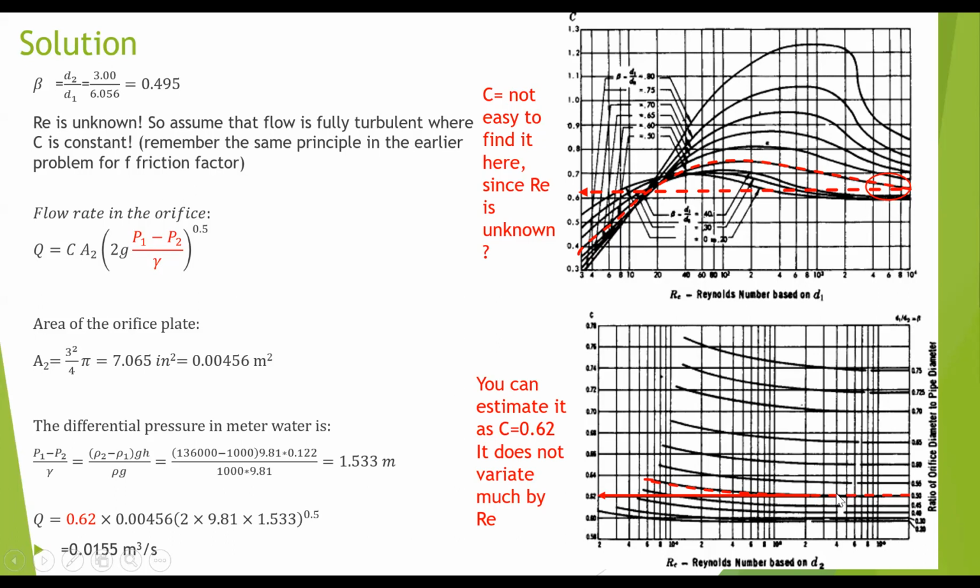Quite a linear part. And if you go left, see that it is almost at the level of 0.62. So I can confirm that 0.62 is between 0.6 and 0.65. So I am selecting 0.62 as the C value. And when you put this C value here, okay, because our pressure difference is equal to the energy loss we have in the pipe.